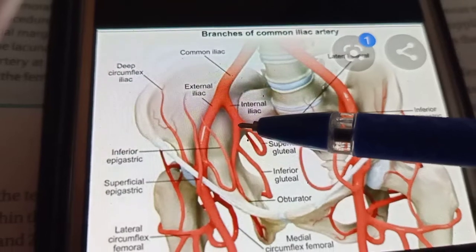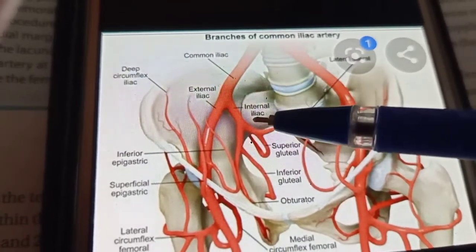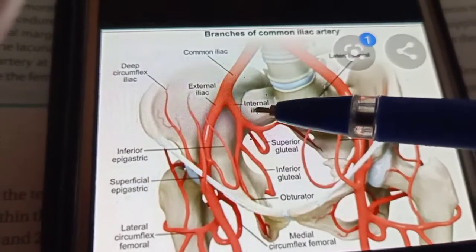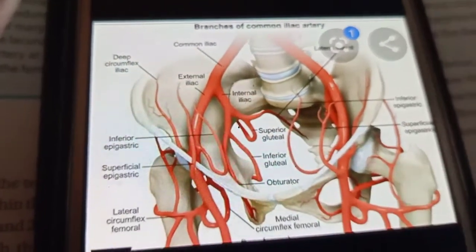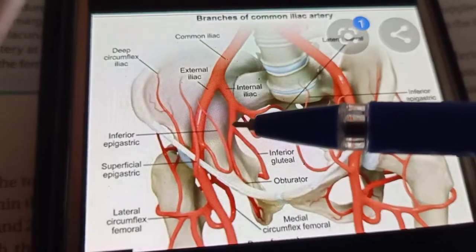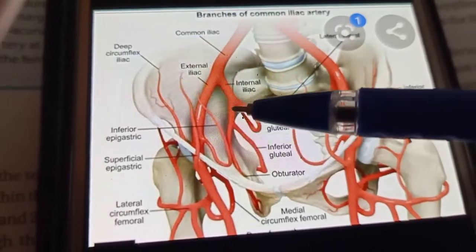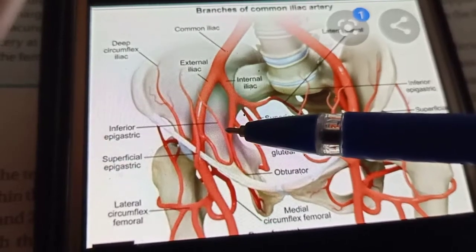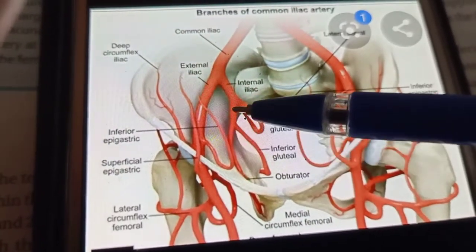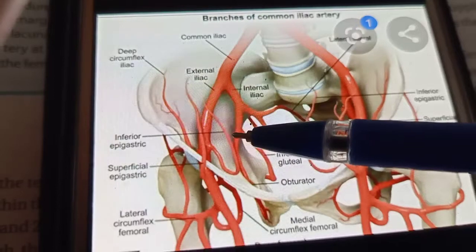Yes, it's an anterior trunk branch of the internal iliac. It runs forwards and downwards along the lateral wall of the pelvis. So this is the pelvis, this is the lateral wall of the pelvis. And it is accompanied by the corresponding vein and the nerve.